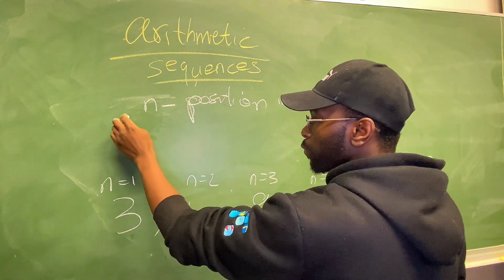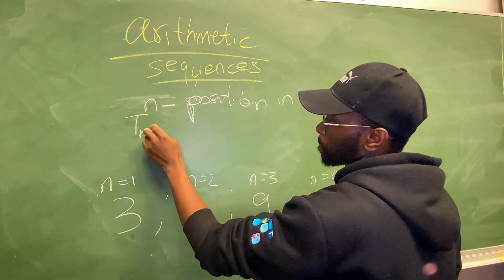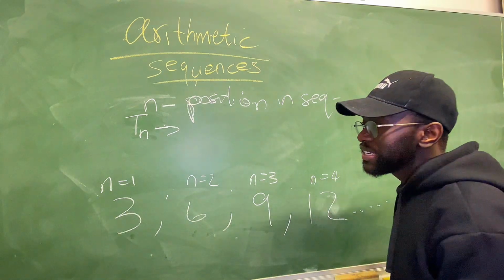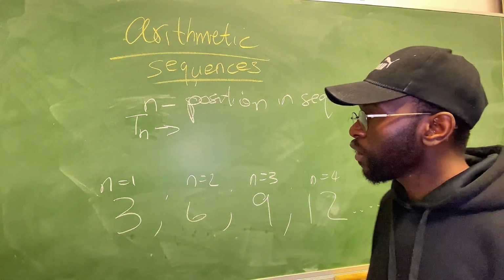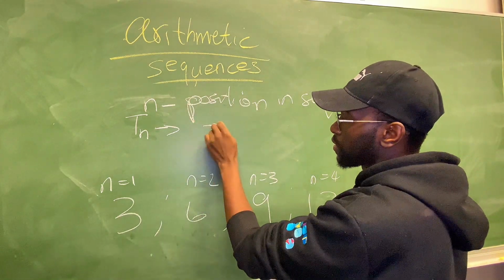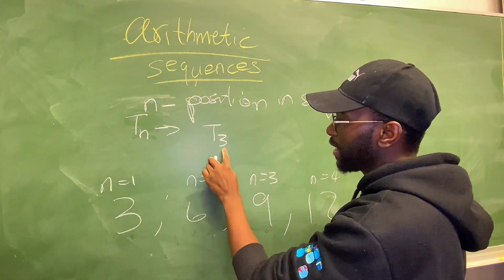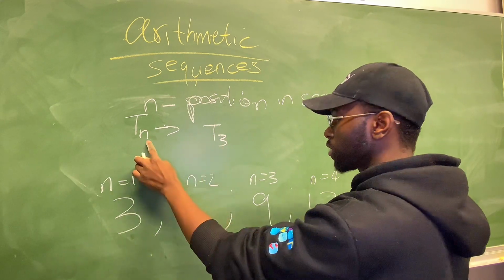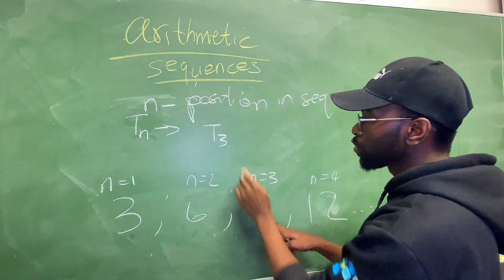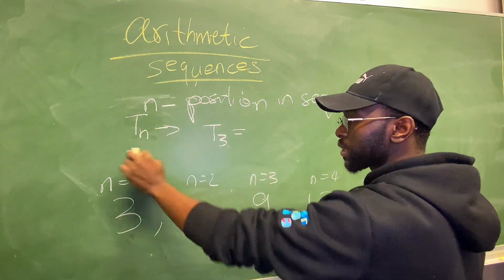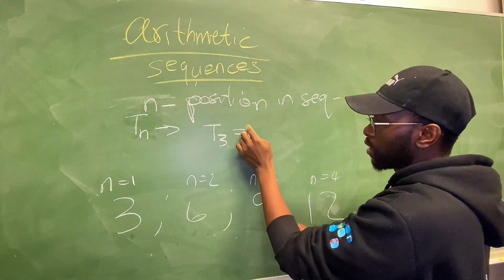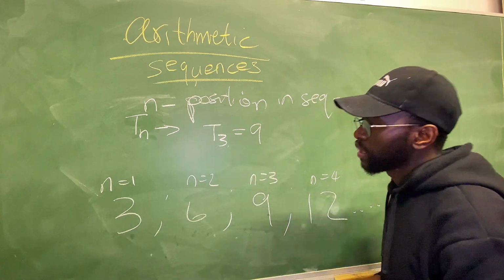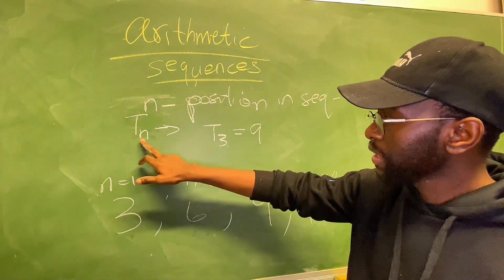Now, when we say Tn, the Tn is the value of the term itself. Now, if we want T3, n equal to 3 will be position 3. So we know that T3, which is our Tn, our value at some position, will be 9. Now, remember, n is the position.